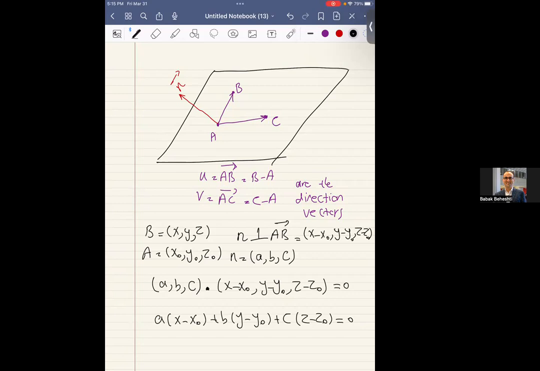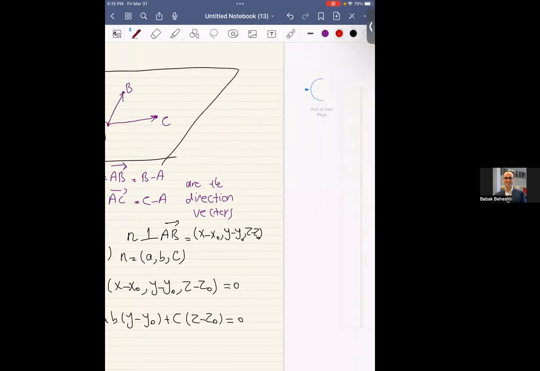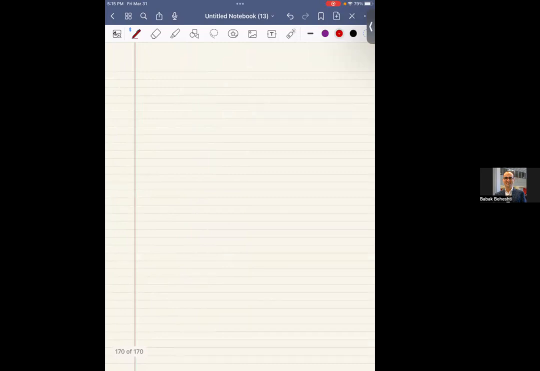So for the scalar equation of a plane, you need the normal. So the vector N is called the normal of the plane. So here, let me just write this in detail.